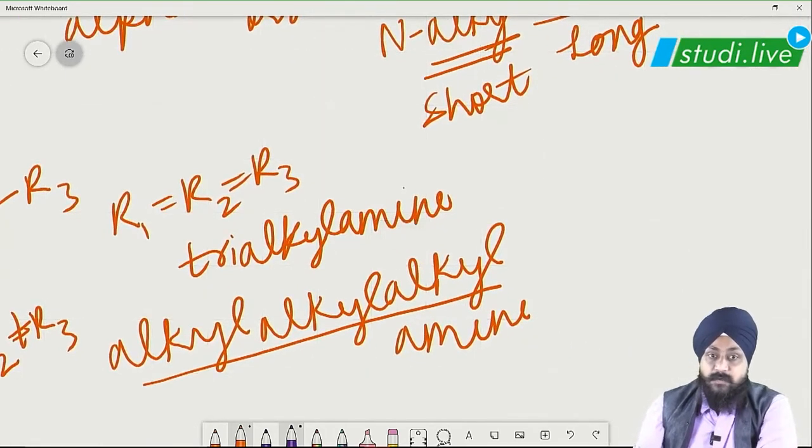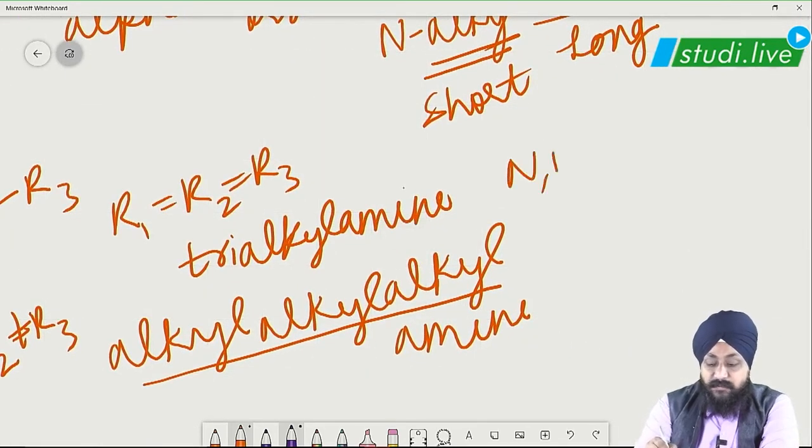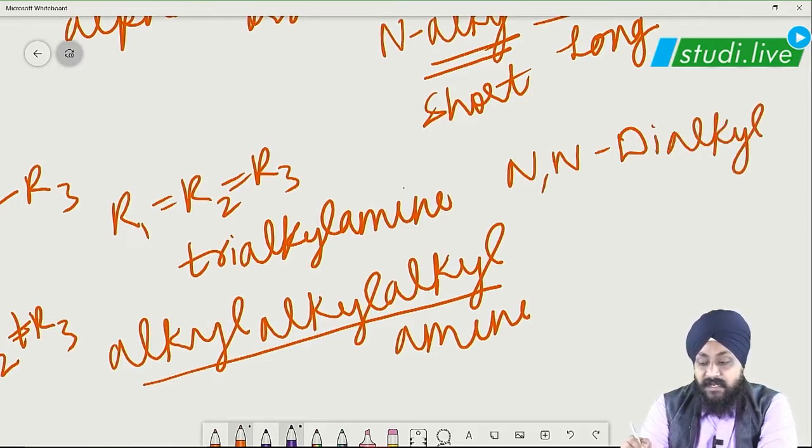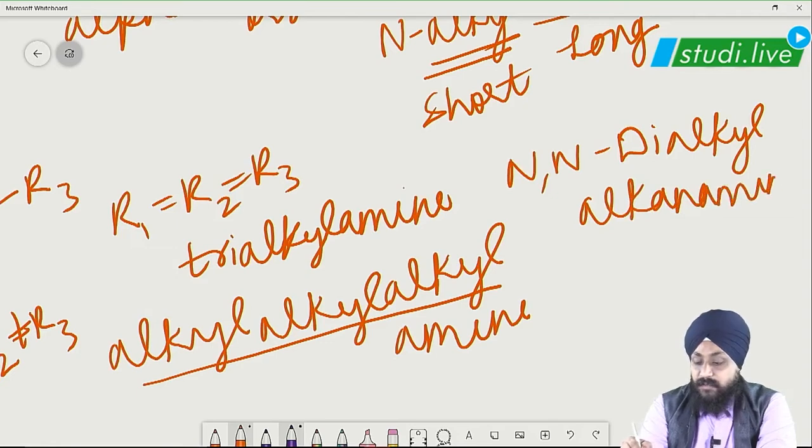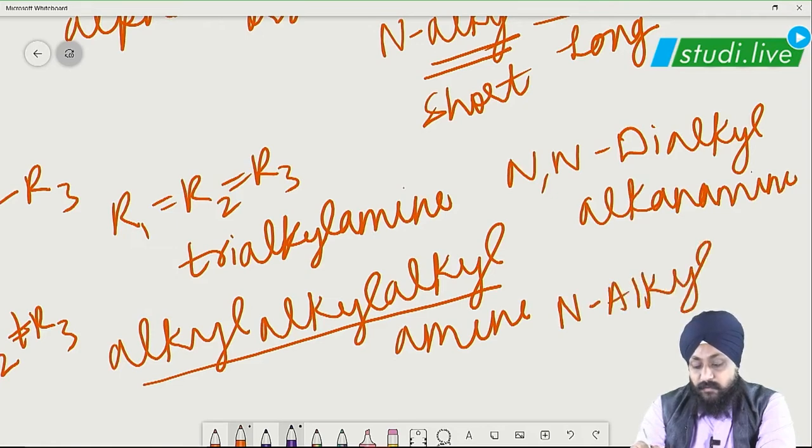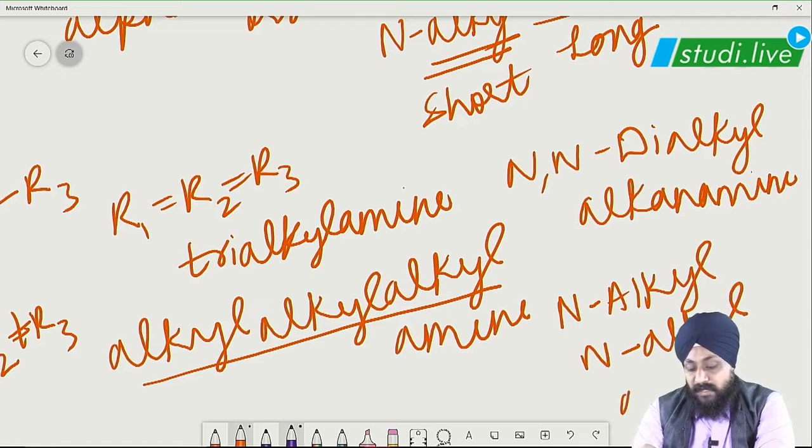Now students, the IUPAC name is going to be N,N-dialkyl alkane amine. Yes, it has to be dialkyl alkane amine, and for the mixed one it will be N-alkyl. The shortest one will be over here, then the one which has more carbon than that, and the longer one will be over here, students.